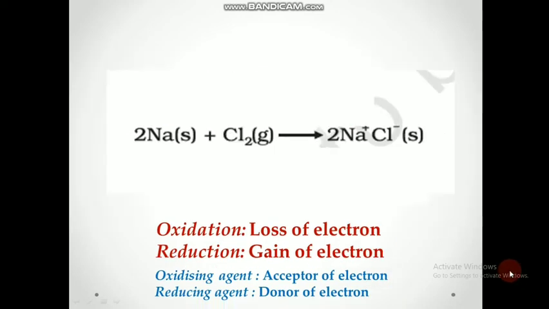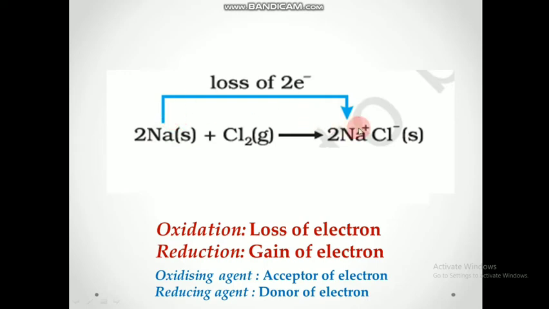We will see one more example. So here also we do have sodium. Sodium will be positive and chlorine will be negative in this case. So how can we represent oxidation and reduction here? Like in the last case, sodium is the one who donates or gives out electrons, so loss of electrons is for sodium and it becomes Na+. In case of chlorine, chlorine is accepting those 2 electrons from sodium and becoming minus.